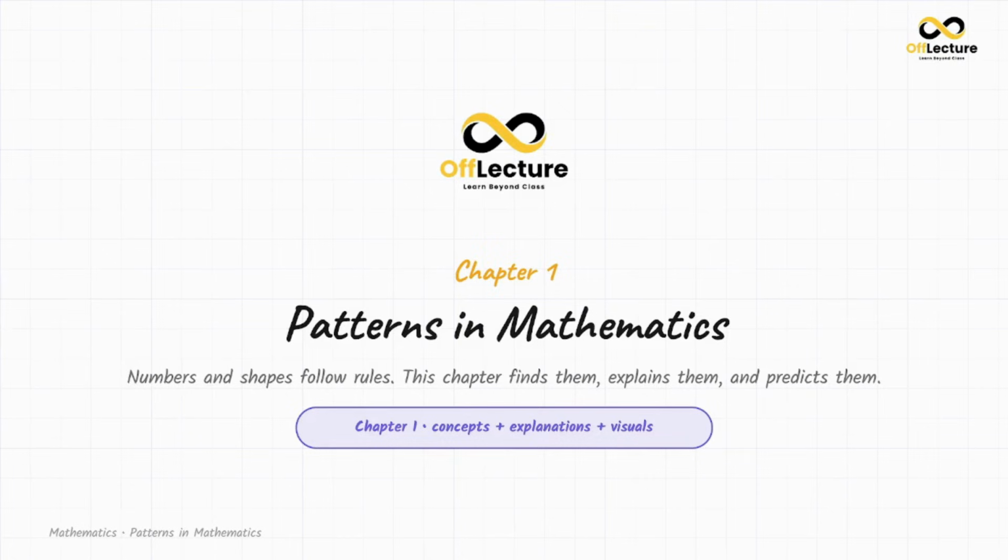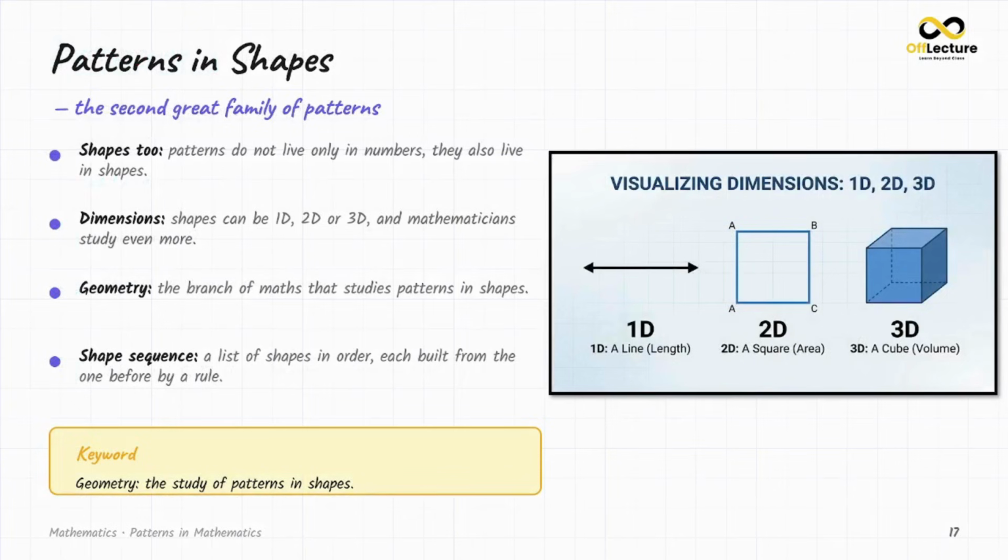And this is chapter 1, Patterns in Mathematics. Now let's move to patterns in shape. Patterns are not only in numbers, they live in shapes too. Okay? And that branch is known as geometry.